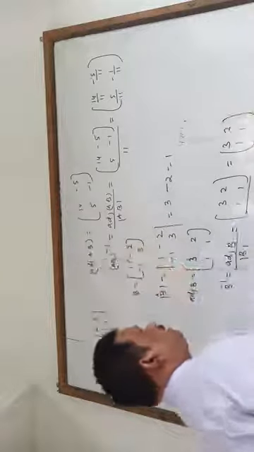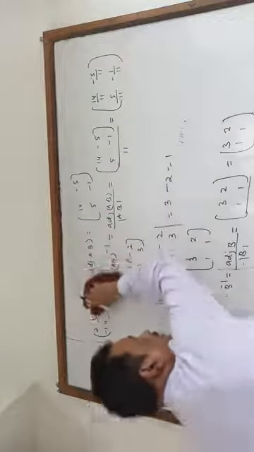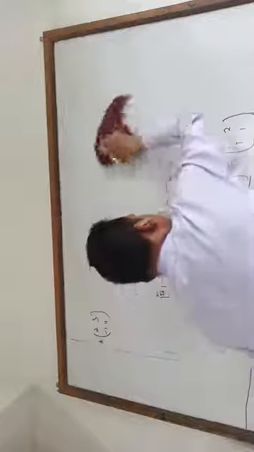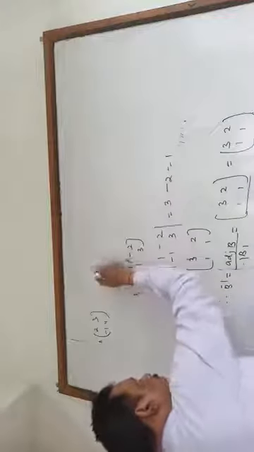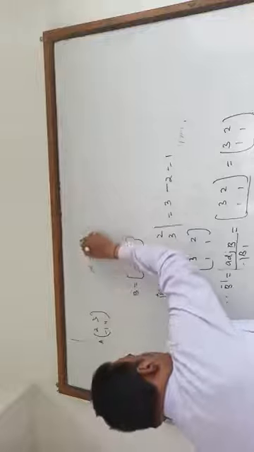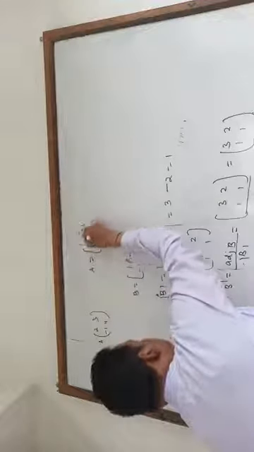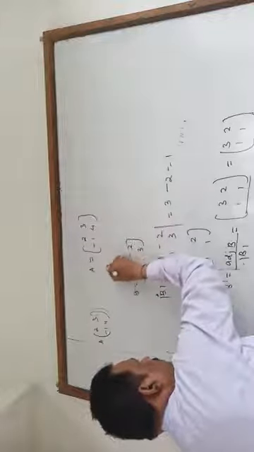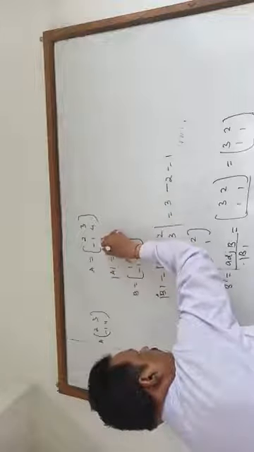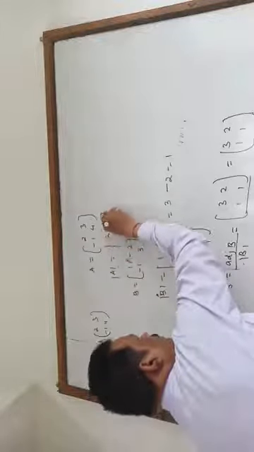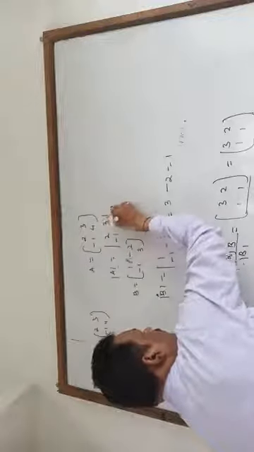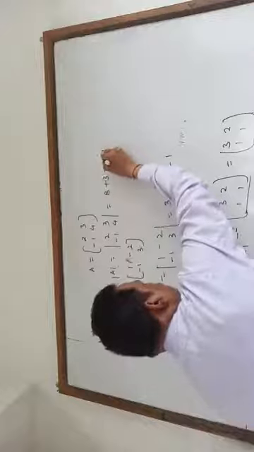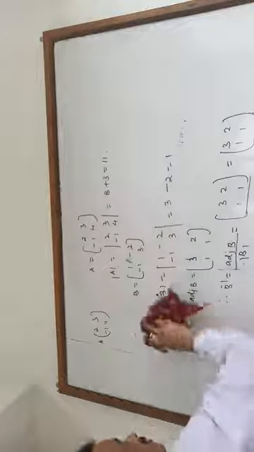Let's find A inverse now. A is 2, 3, minus 1, 4. So determinant of A, 2, 3, minus 1, 4, that is 8 plus 3, that is 11.